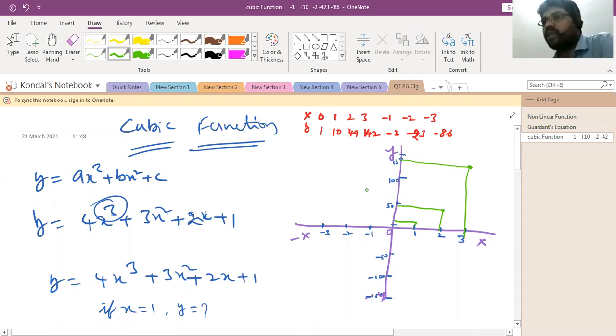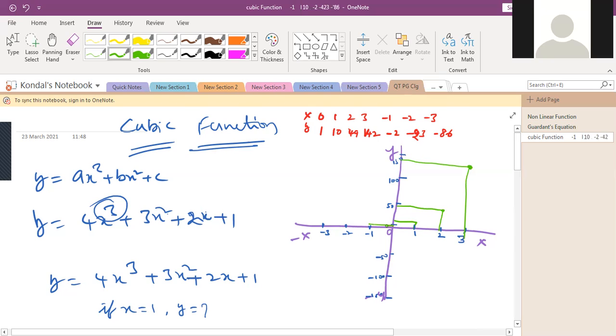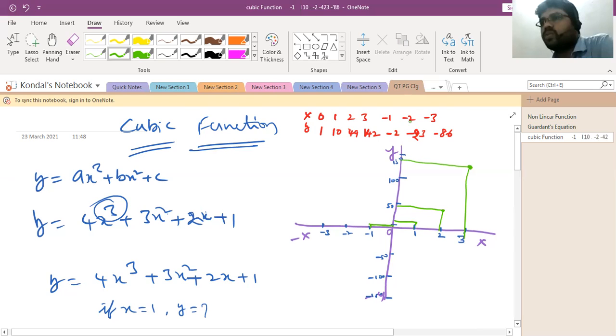Then x is equal to minus 1. How much is the y value? Minus 2, right? So somewhere here. Okay. Then x is equal to minus 2, y is equal to minus 23. 23. Sorry. Here I took the plus side. Yes, yes. Okay, this is a plus sign. Next, x is equal to minus 2, y is equal to 23, right?